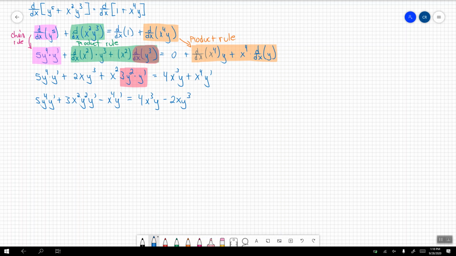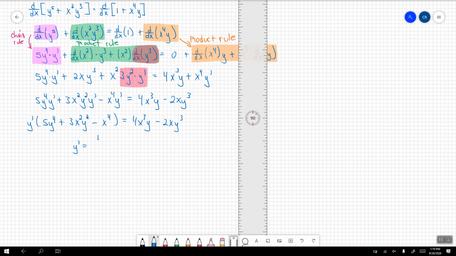Now, from the left-hand side, all of those components now have a y prime, which means we can factor out a y prime, and we're left with 5y to the fourth plus 3x squared y squared minus x to the fourth. The right-hand side still stays exactly the same. And in order to solve for y prime, we're going to divide both sides by that component, which means y prime is going to equal, let's get a good fraction bar here.